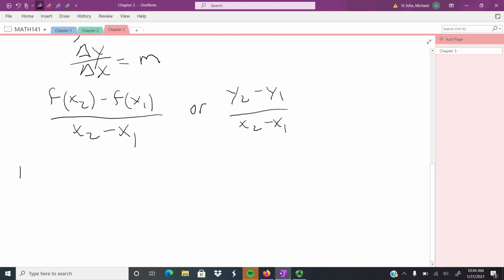And then if the rate of change is constant, then you have a linear function.